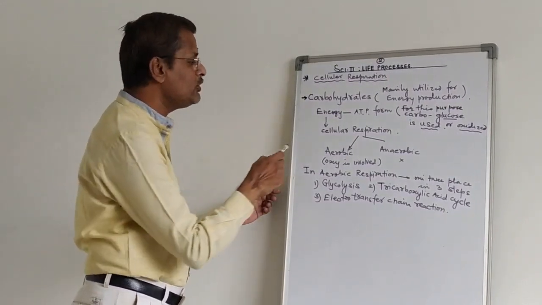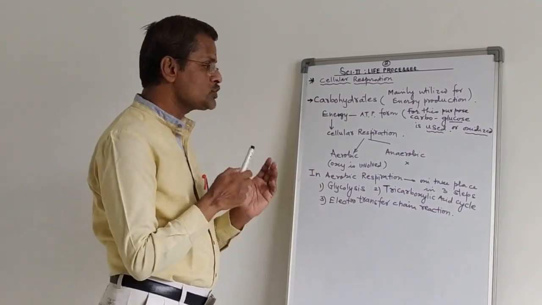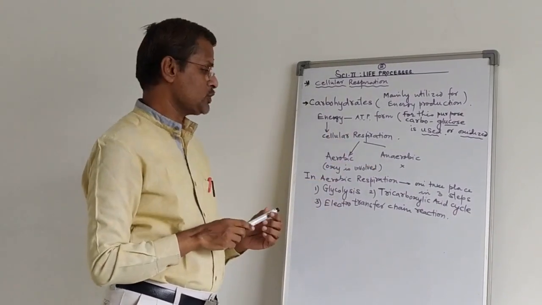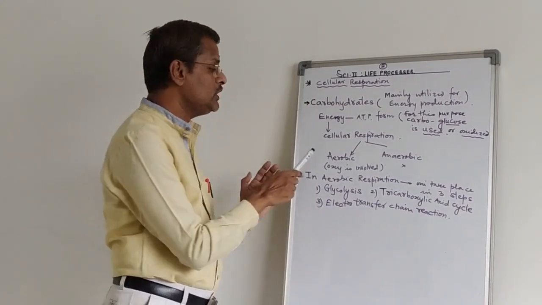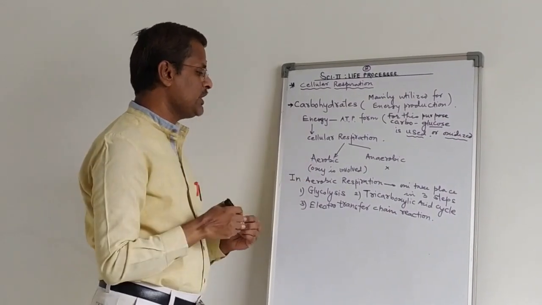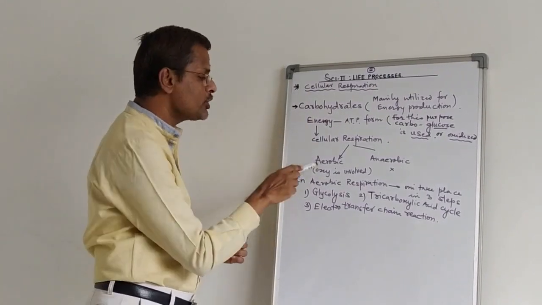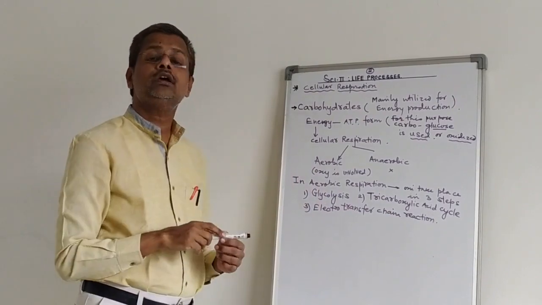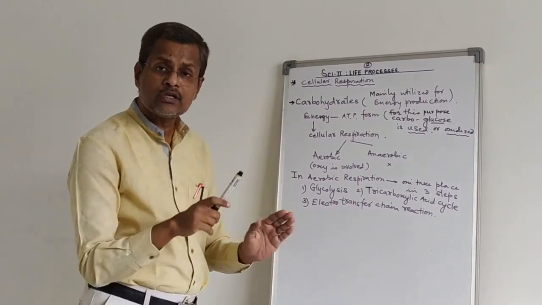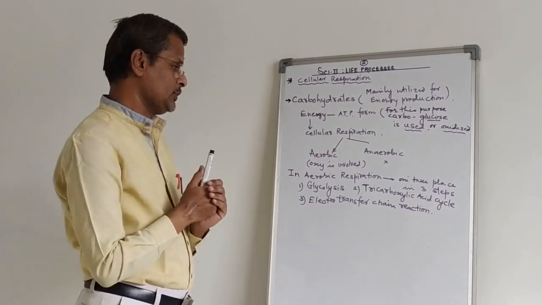Now this particular cellular respiration is of two types again. These two types are aerobic respiration and anaerobic respiration. So what is the difference between aerobic and anaerobic respiration? That we will see. In aerobic respiration, oxidation happens in presence of oxygen, or oxygen is mainly involved in aerobic respiration, whereas in anaerobic respiration oxygen is not involved, or it is not necessary for the energy production.